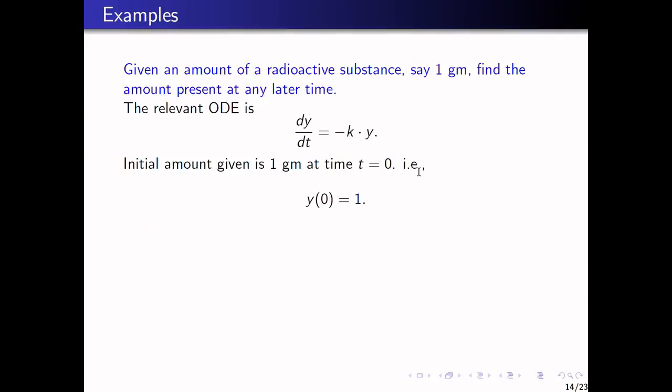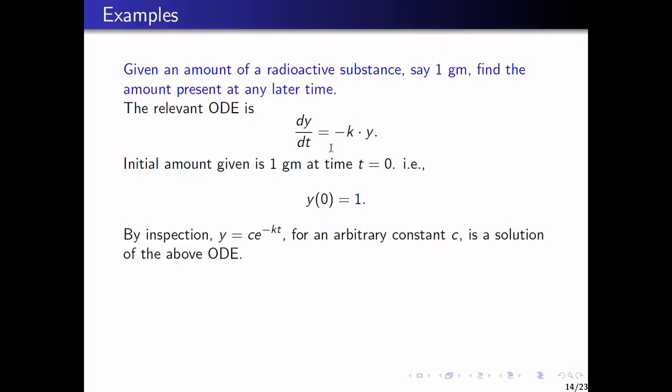By inspection, we can say the solution of this differential equation is y is equal to c times e raised to minus kt. You can see that when you take the first derivative of y with respect to t, it is given to be equal to minus k times y again.